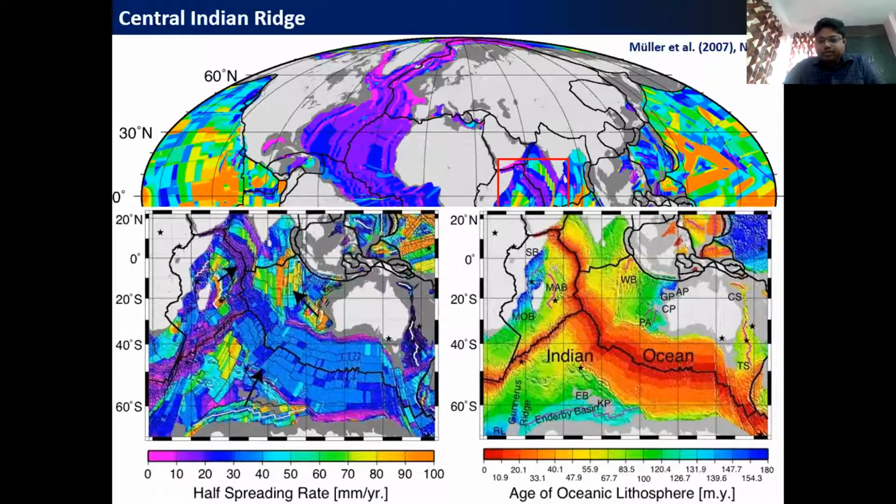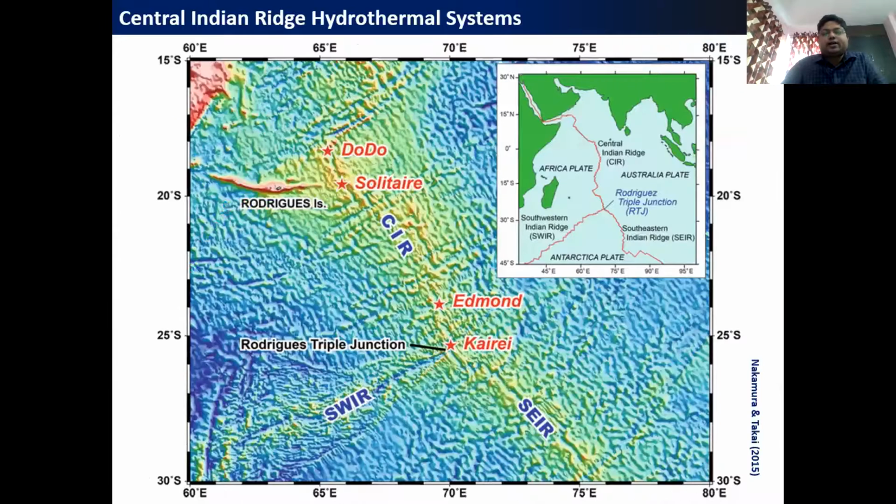It is mostly in this area, you will get an age of 10 million years only. And people have now shifted from the Atlantic Ocean to this Central Indian Ridge portion, and many oceanic expeditions are regularly going on in this region.